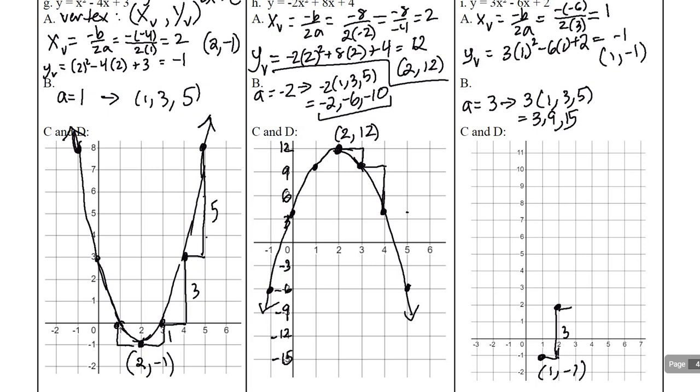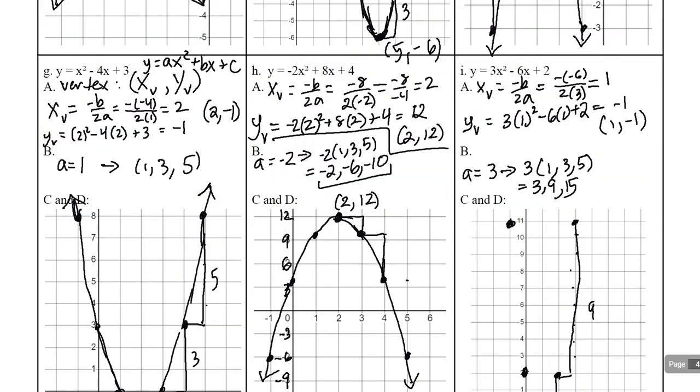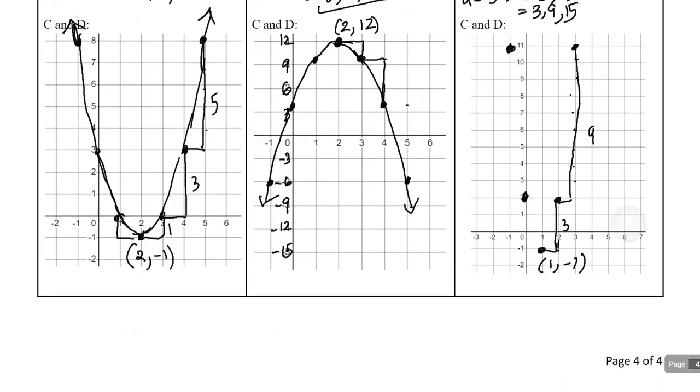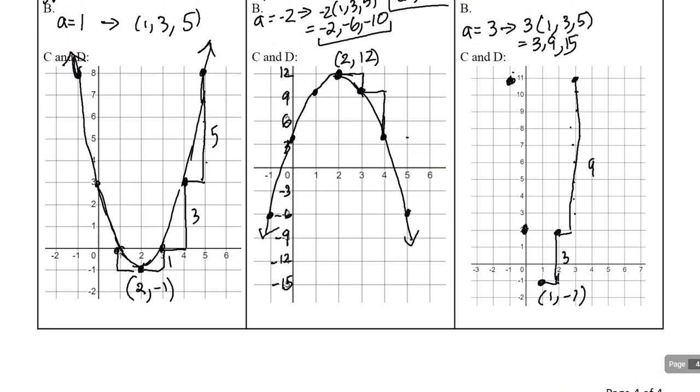Go over 1, up 9. See? Very sensitive screen. Okay, connect with a smooth curve. Smooth, not pointy.